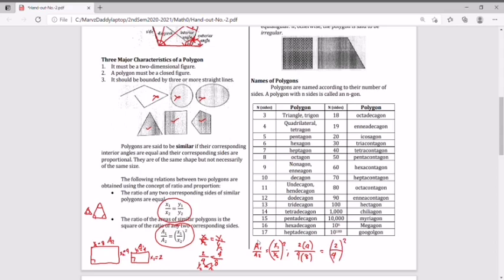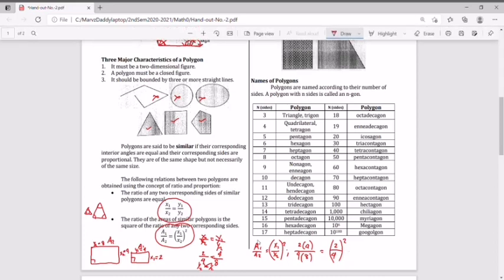Now, if we simplify this, 8 over 32 is equal to 2 squared, which is 4 over 16.